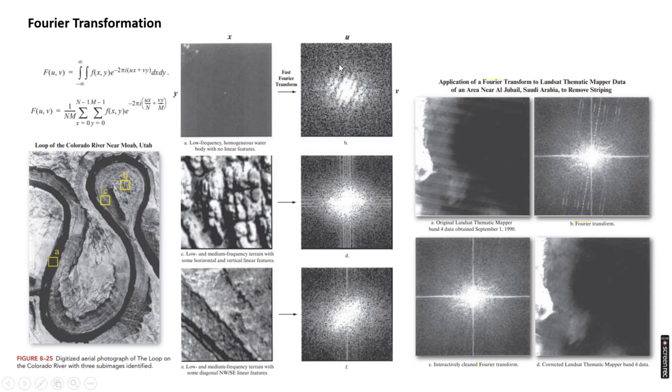We do it because the frequency domain gives us the overall features in the image. The low frequency features represent the overall terrain or overall image, and the high frequency nodes represent the different edges and features which vary sharply in the image.